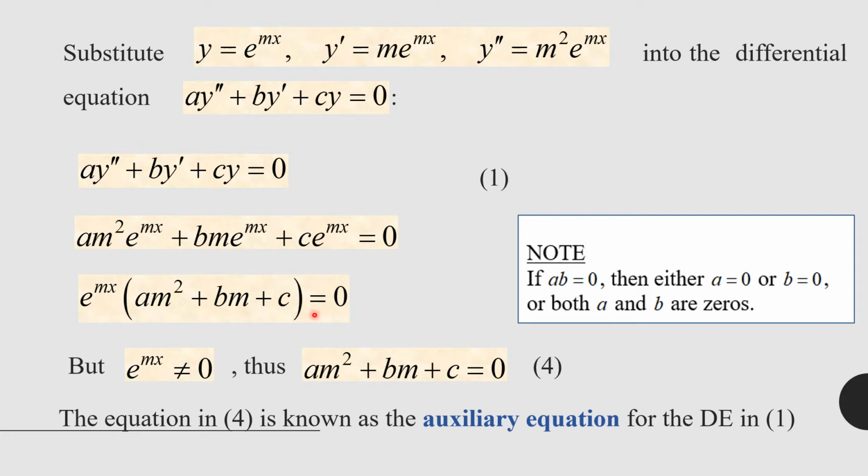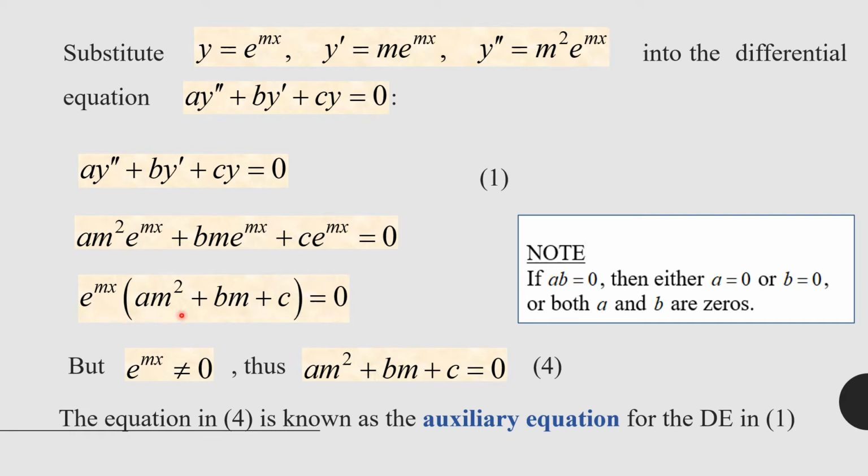Let us recall what we have learned in algebra. If ab equals 0, it means that either one of them is 0 or both are zeros. That is, either a equals 0 or b equals 0, or both a and b are zeros. Using this concept, we are going to understand how to solve this equation.